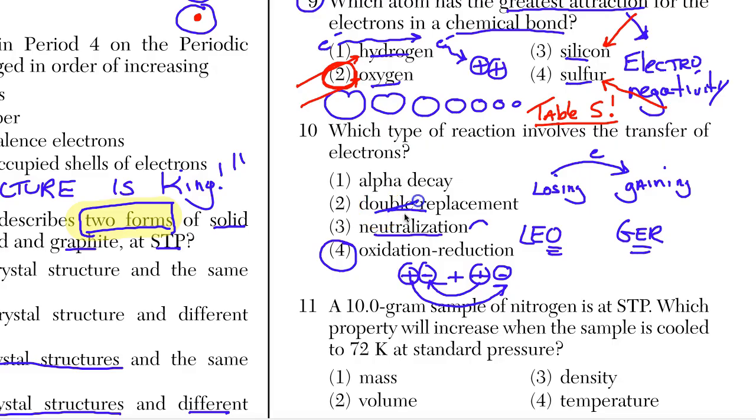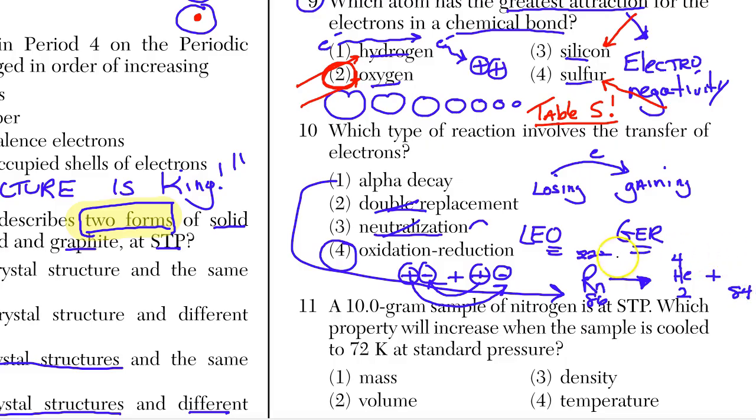And alpha decay is that scenario where we have, let's say, radon-222, atomic number 86, give off an alpha particle from Table O, which is a 4He. It's a helium nucleus, 2 protons, 2 neutrons. What number plus 2 is 86? That's 84.